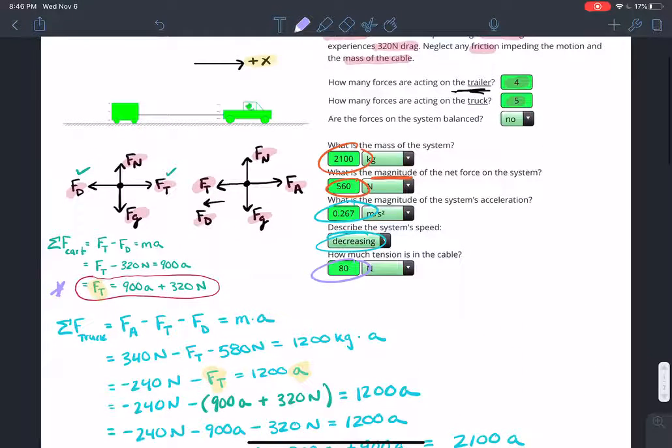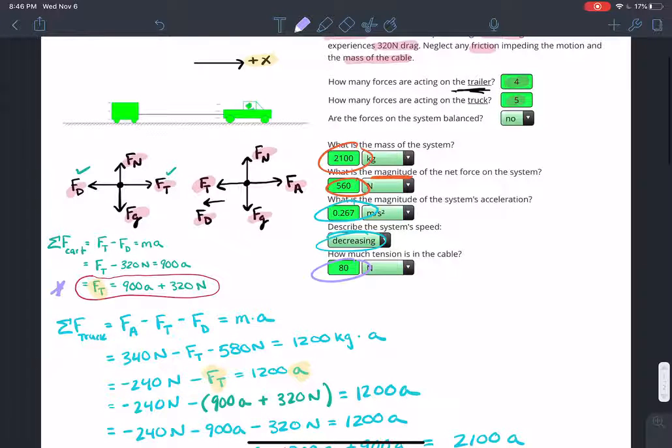Yikes. A lot of math, a lot of staying organized, a lot of substitution and rearrangement, just a lot of work.